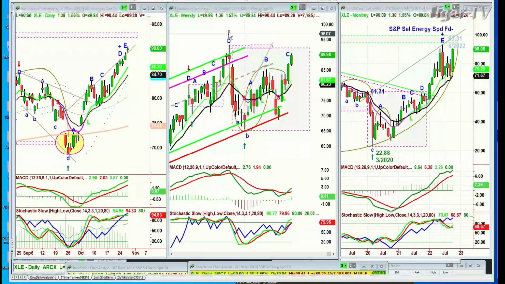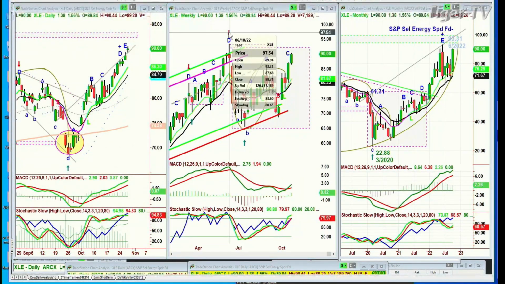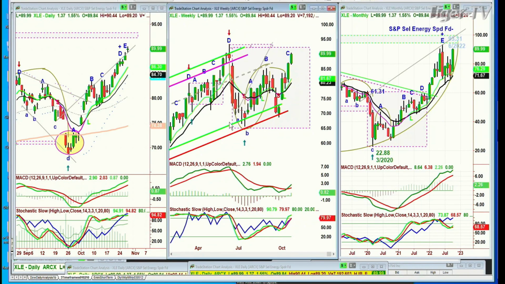What was that high? 93.31 area. Yeah, 93.31. The week of the 10th of June in this beautiful cup formation. Well, the H pattern that turned into a cup formation and is acting really well. But there's a little doji candle. Let's look at Exxon as we go to a break. And Exxon is going into leg F. I'll be back.